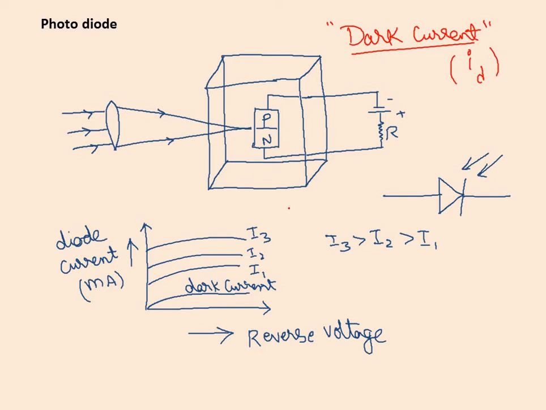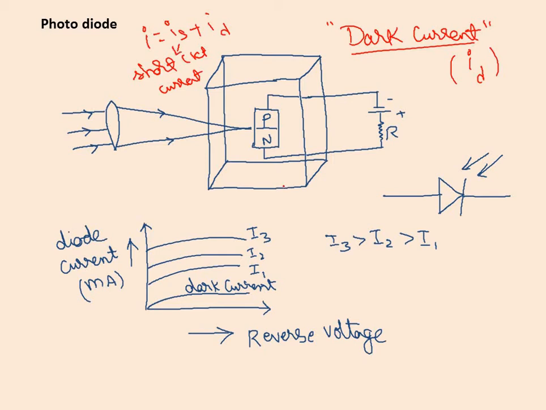These injected minority carriers diffuse to the junction, cross the barrier and contribute to the additional current. Therefore, we have a large reverse bias condition. The total reverse current is I_S plus I_D, where I_S is the short circuit current when you incident the light.